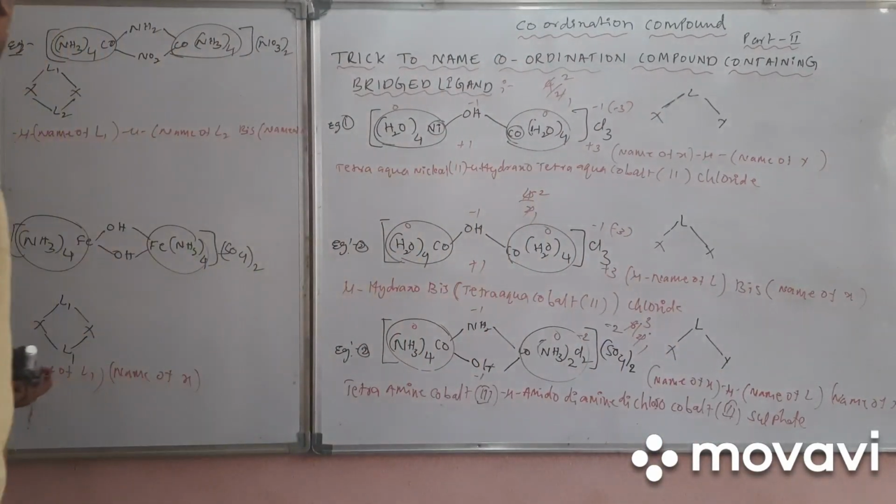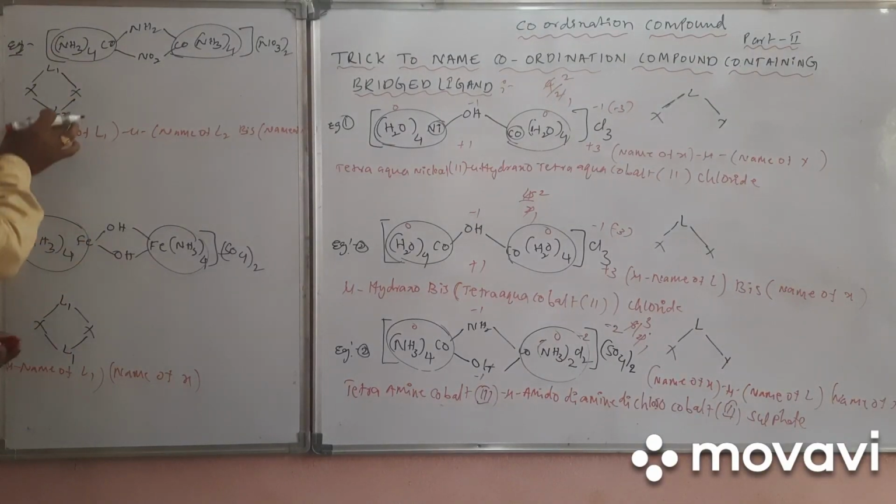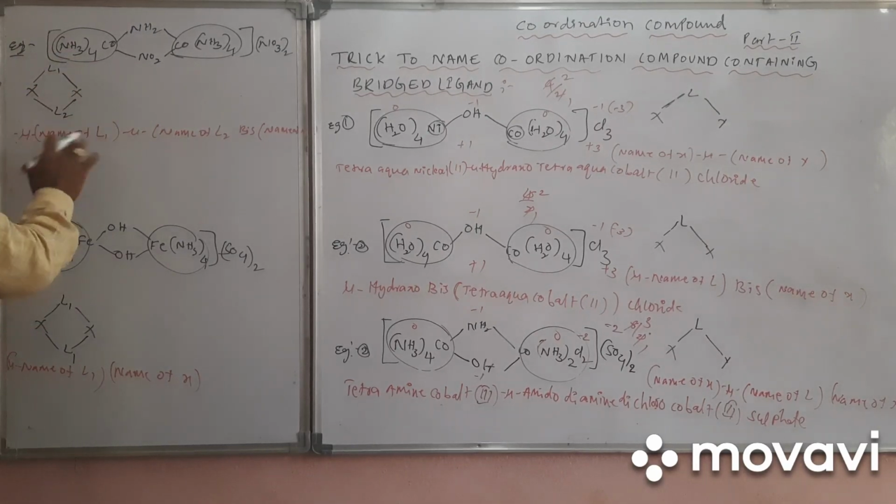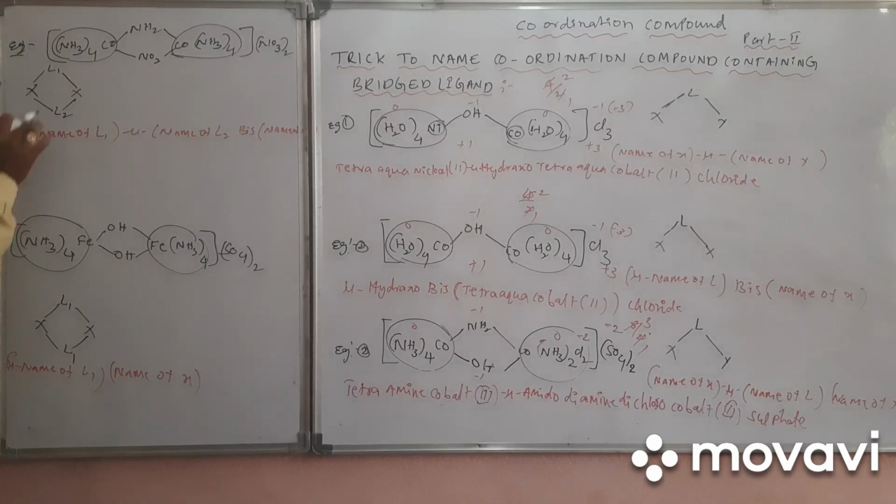Next, we will go to this example. In this case, these two are the same, and these two ligands are different. The first ligand name we write is mu amido.